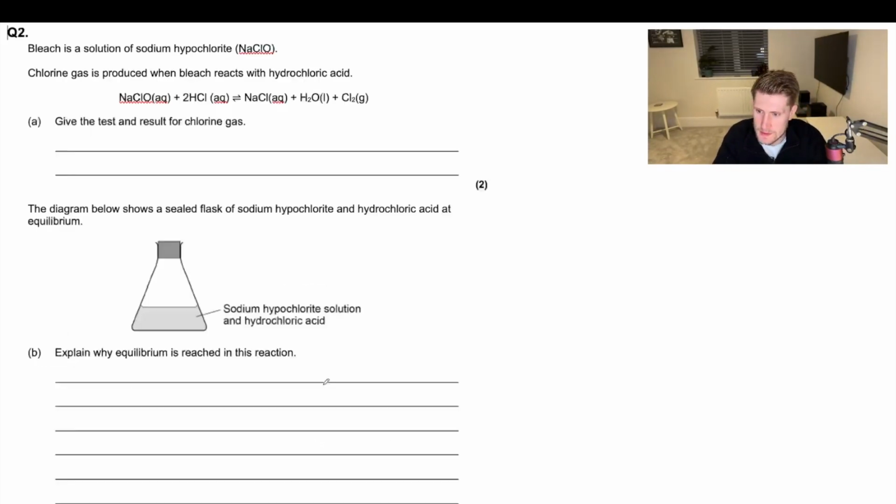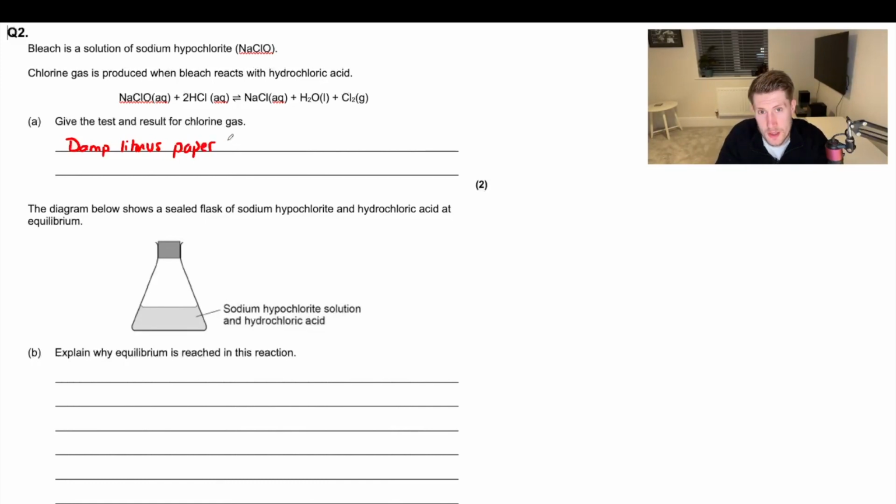Let's have a look at the second part. So this is question 2 and it says bleach is a solution of sodium hypochlorite, NaClO. Chlorine gas is produced when bleach reacts with hydrochloric acid and it gives us the equation. Give the test and result for chlorine gas. Right, the chlorine gas test is damp litmus paper.